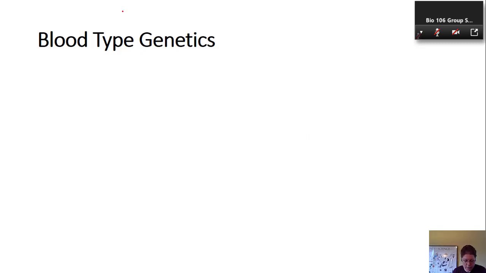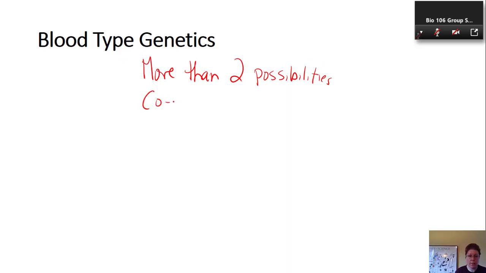With blood type, we have something where we have more than two possibilities. We also have this thing called codominance, and that is that both alleles are equally expressed.